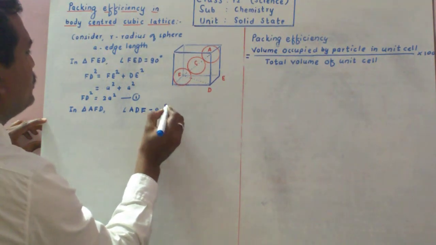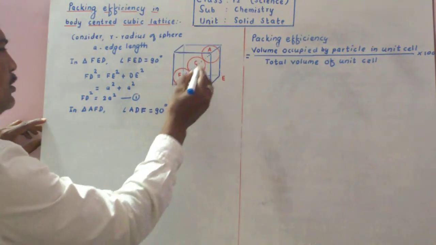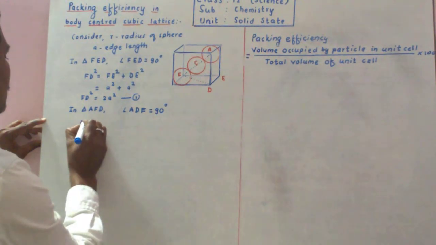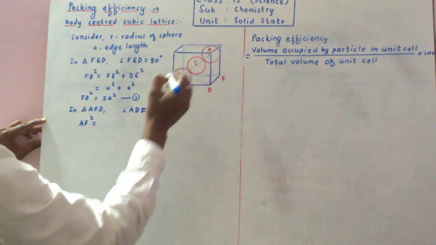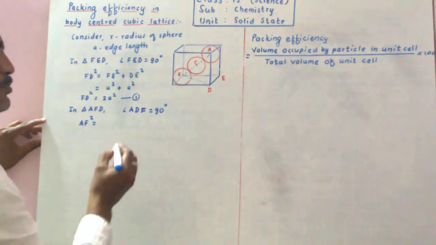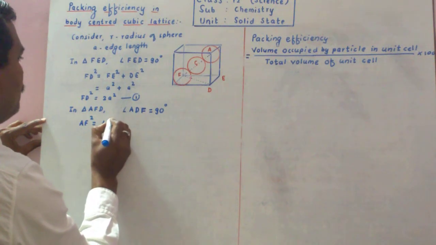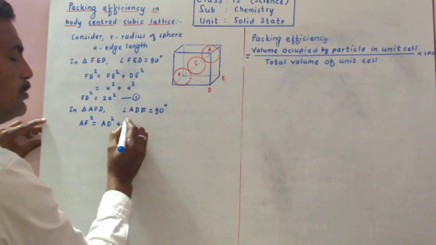So again by using Pythagoras theorem, AF is the diagonal. So AF square is equal to AD square plus FD square.